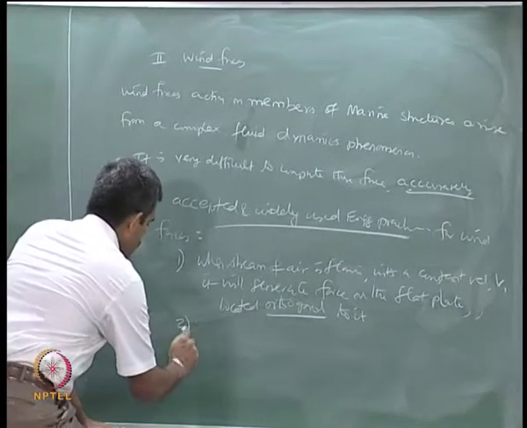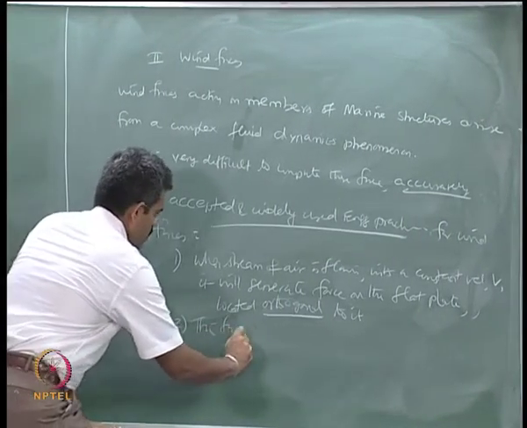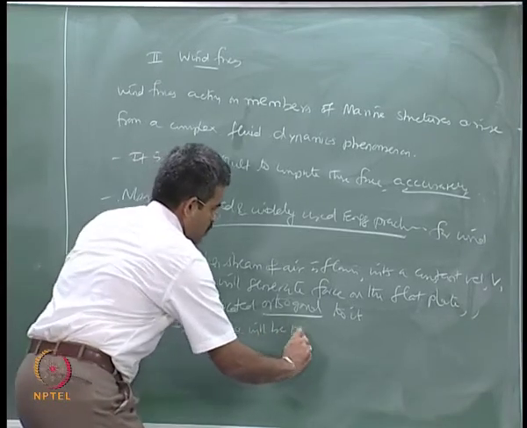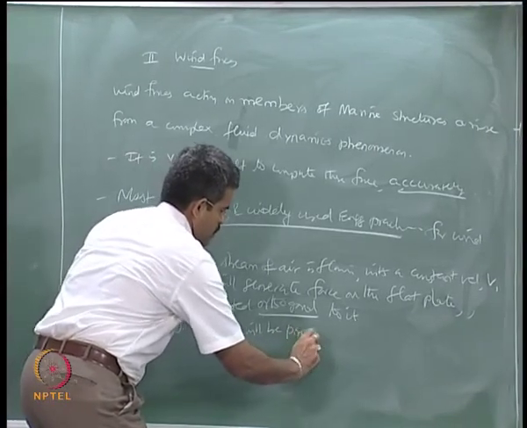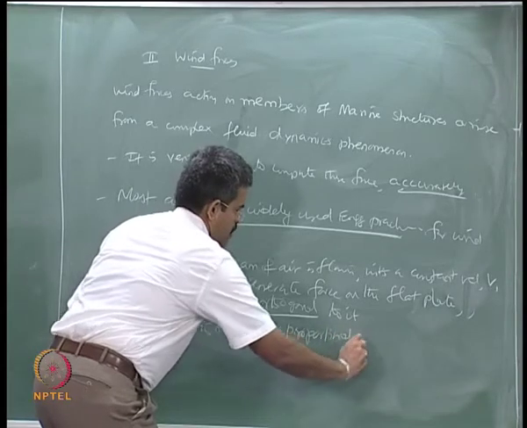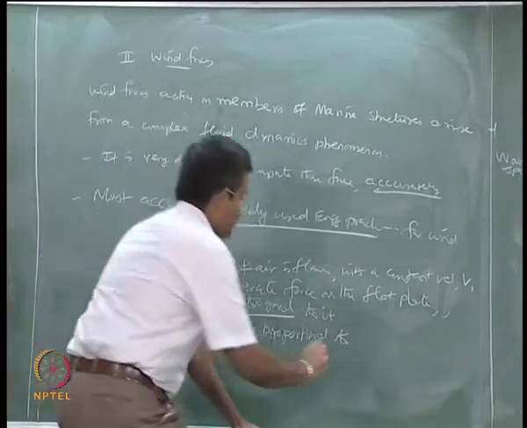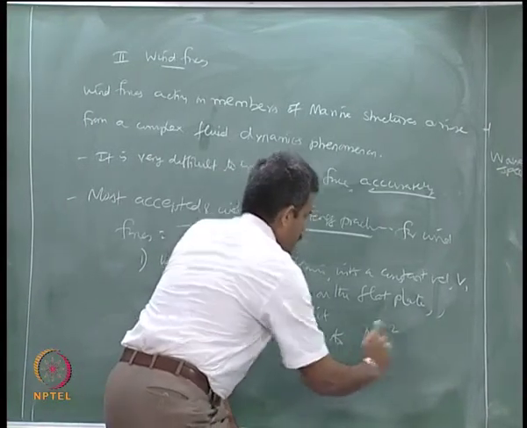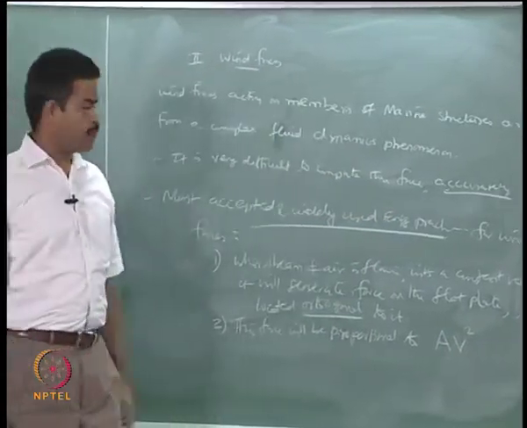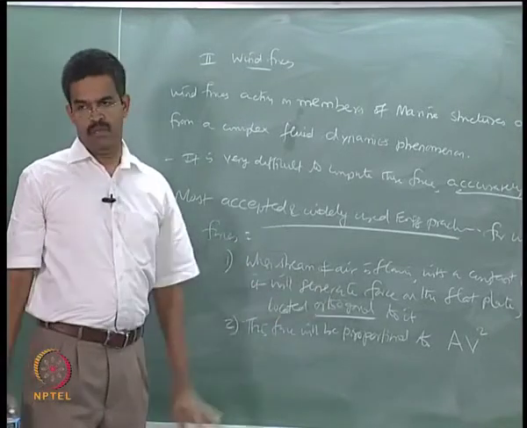This force will be proportional to A V square, where A is the projected area and V is the wind speed.